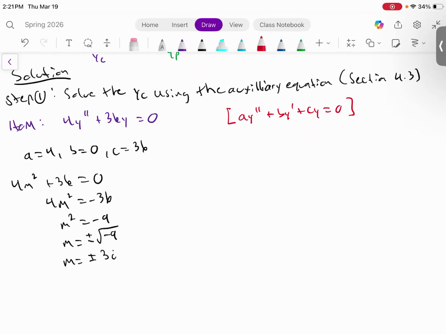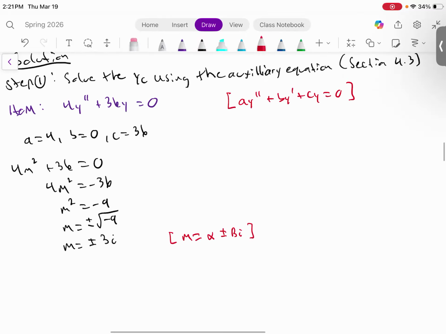Just remember the form of solutions for complex roots is m equals alpha plus or minus beta i. And here I don't have an alpha, it's just plus or minus 3i, so there's a 0 here. That means alpha equals 0 and beta equals 3.